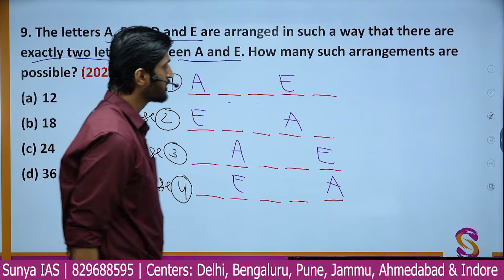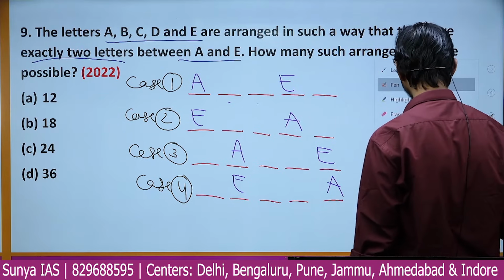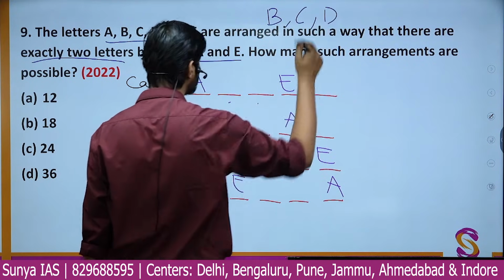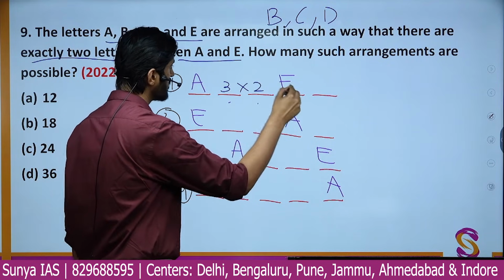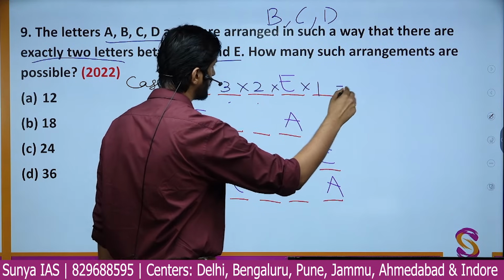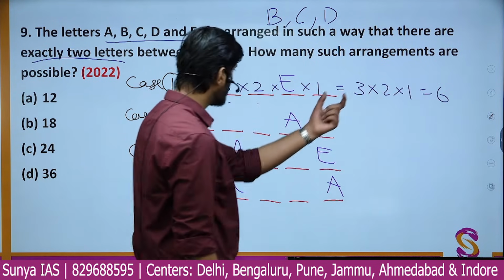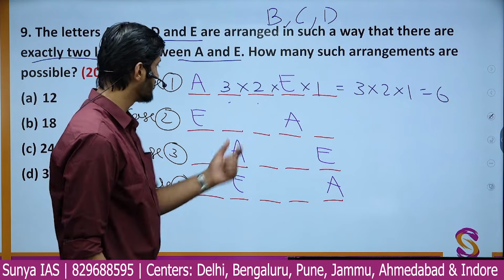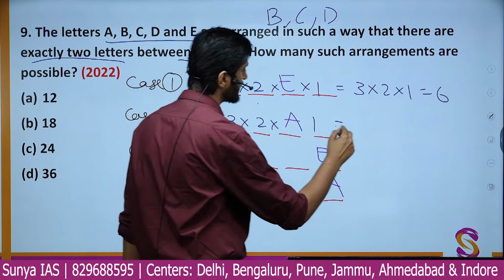Okay? So how do we fill the remaining places? To fill the remaining places, we have 3 choices, which are B, C and D. This position can be filled by 3, this by 2 and this by 1. So we have overall 3 into 2 into 1, that is 6 ways. Okay, 6 ways in which A and E are at this position. Similarly, here also we have 3 into 2 into 1, that is overall 6 ways.